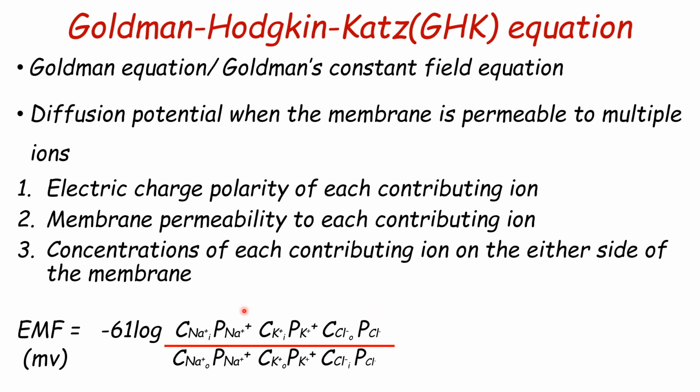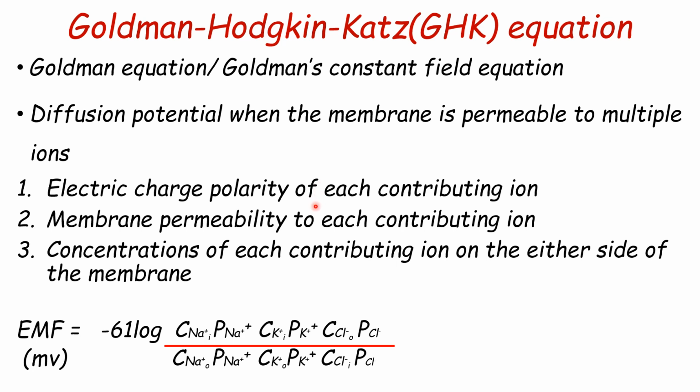Now if we see this equation, we see that the diffusion potential or membrane potential of the membrane depends upon the electric charge polarity of each contributing ion. So let us take a situation. Suppose the cations are moving from inside of the cell to the outside.